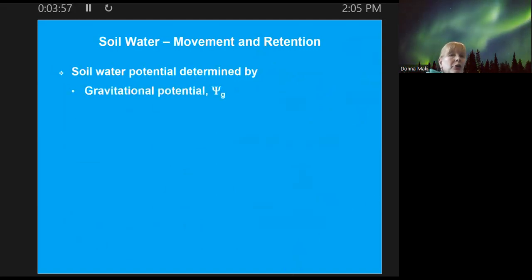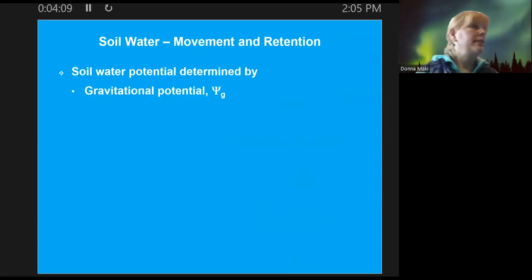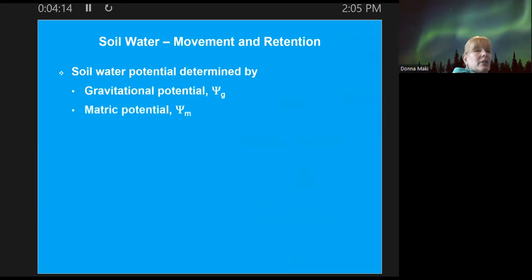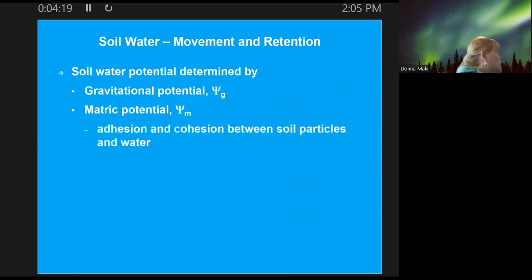When you look at how water is moving through the soil, you can think about gravitational forces. That will be part of it. So there's a component to the water potential equation called psi sub G. Then there's the so-called matrix potential, which they abbreviate as psi sub M. Matrix potential describes how water has adhesion, which means it likes to cling onto soil particles in this case.